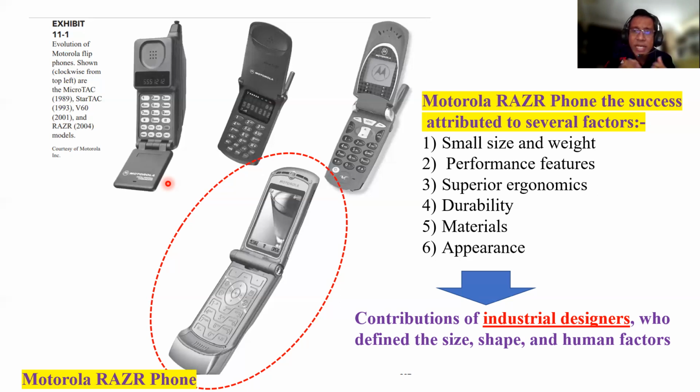This design required a new architecture. You learned product architecture: there is modular, there is integral product architecture. So they needed a new form, a new product architecture, entirely distinct from the existing platform.